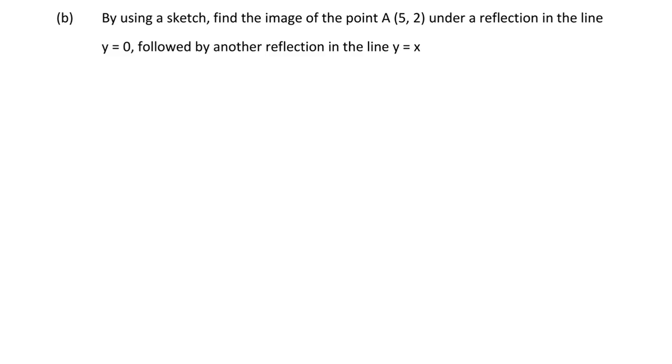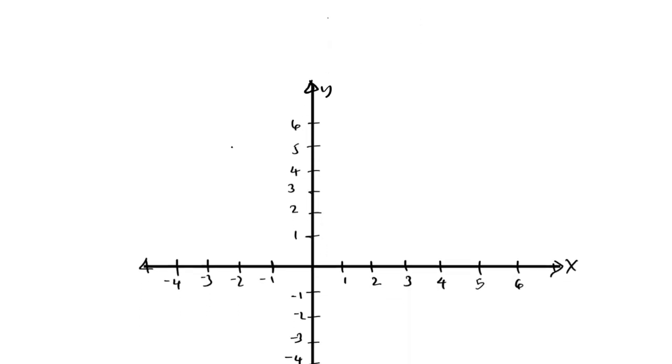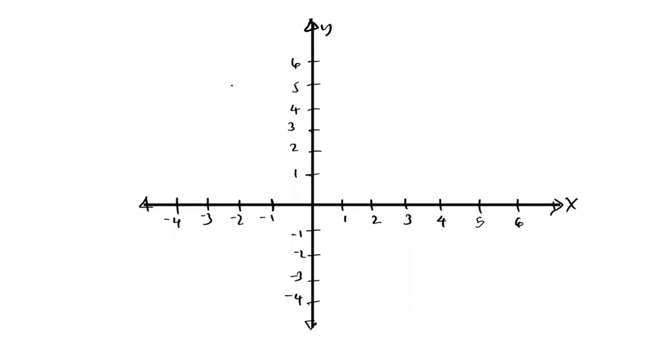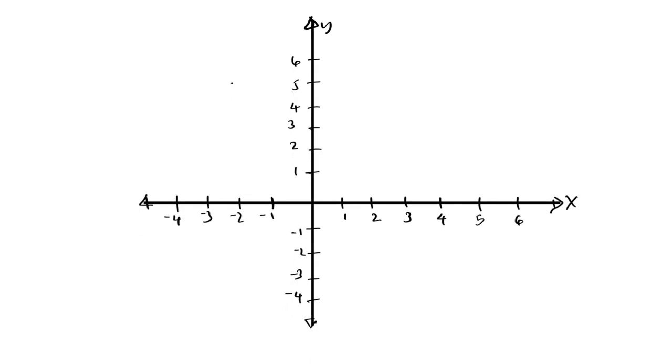Okay, so now we are going to draw the x and y axis, and then we are going to label them. Remember, line y equals to 0 is the x-axis, so we are going to locate point A with 5,2. And then next, we are going to draw a perpendicular line from point A crossing line y equals to 0.